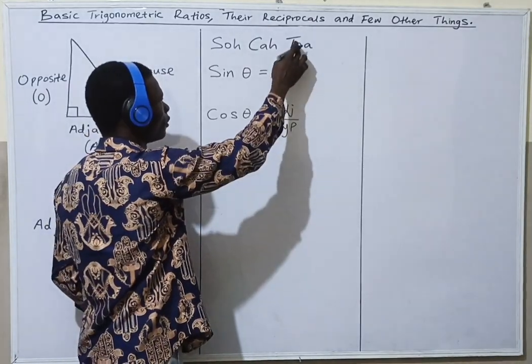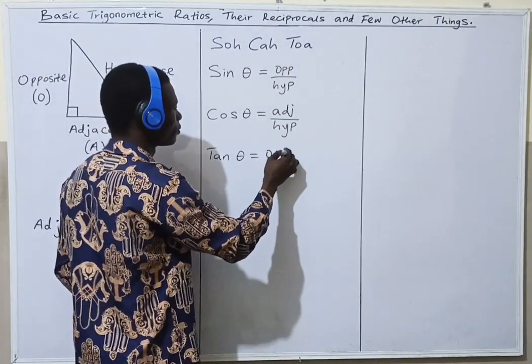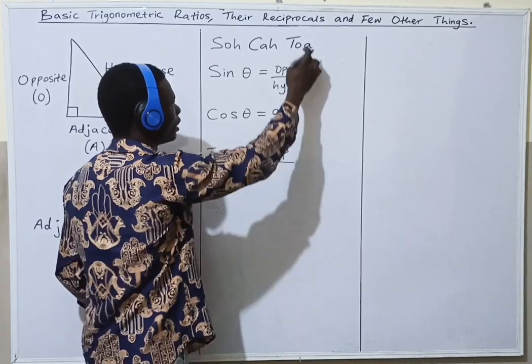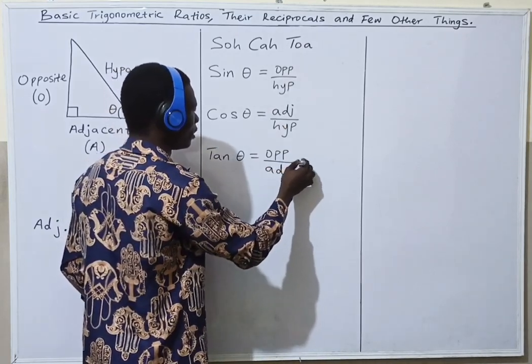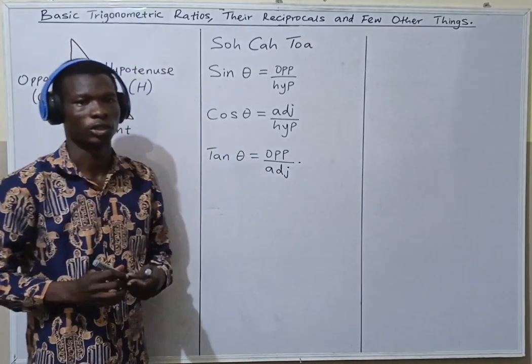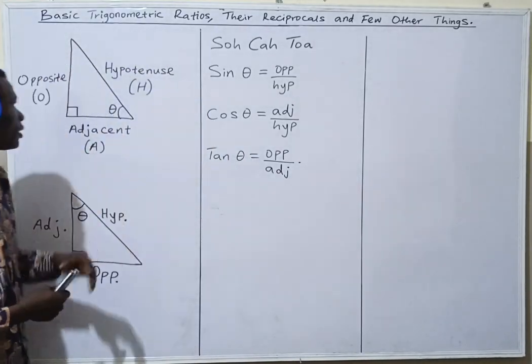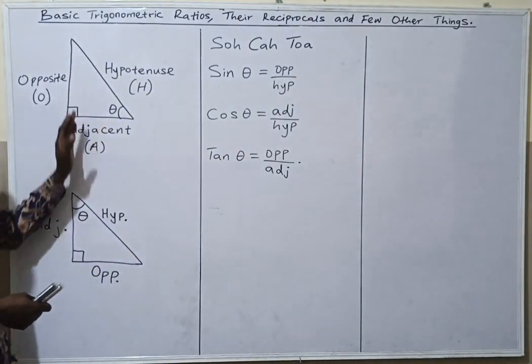And that is the ratio of the opposite to the adjacent. So these are the basic trigonometric ratios. It is the ratio of one side of the right angle triangle to the other.